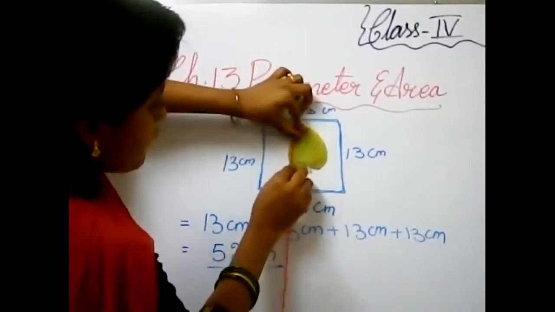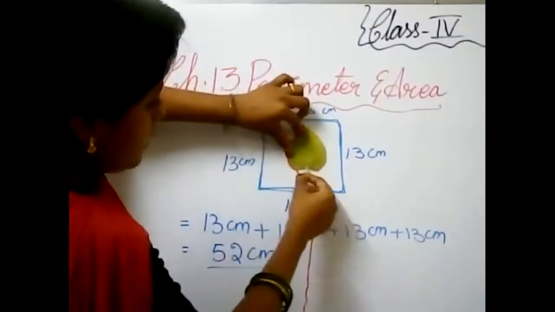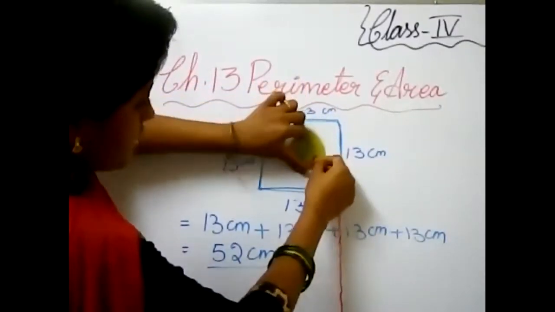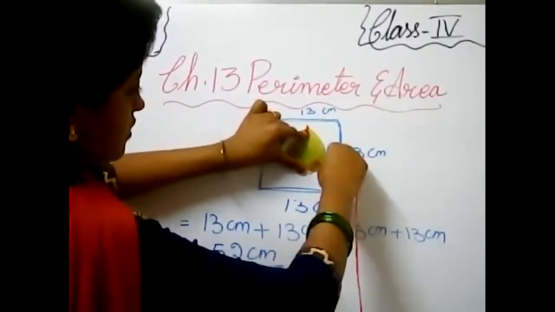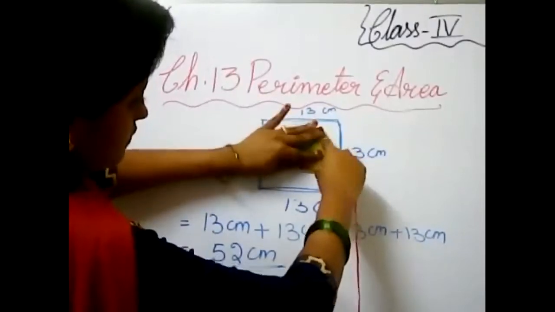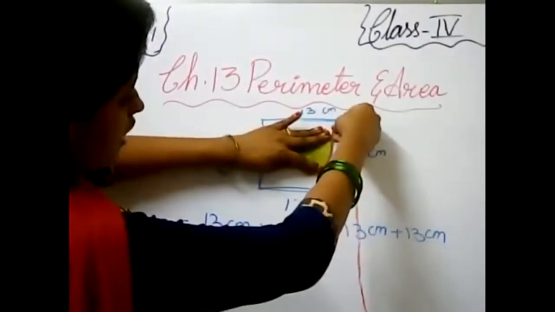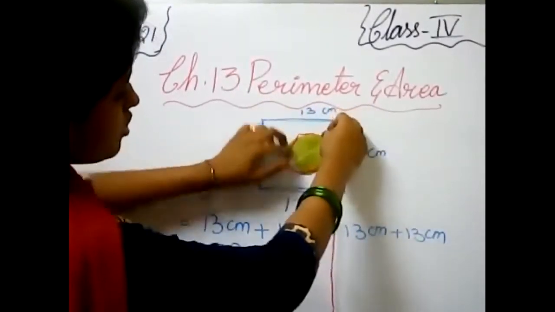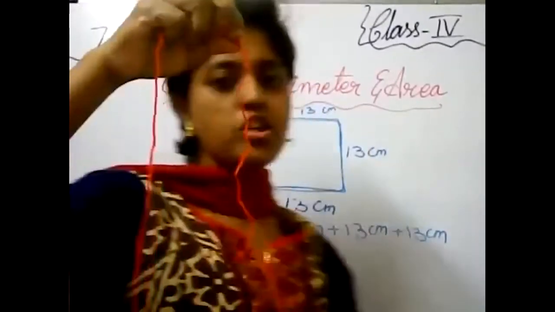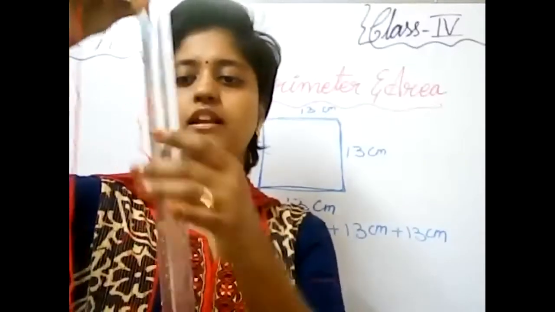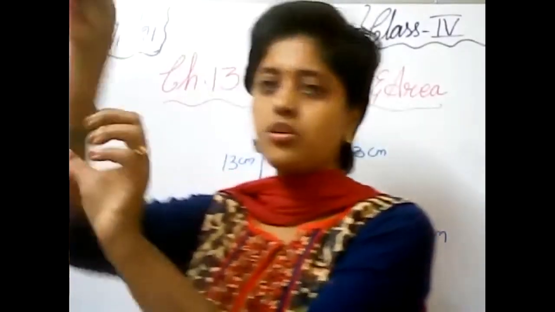See, children, start from here and measure with the thread or a rope, up to the end point. This total length you should measure with a ruler.